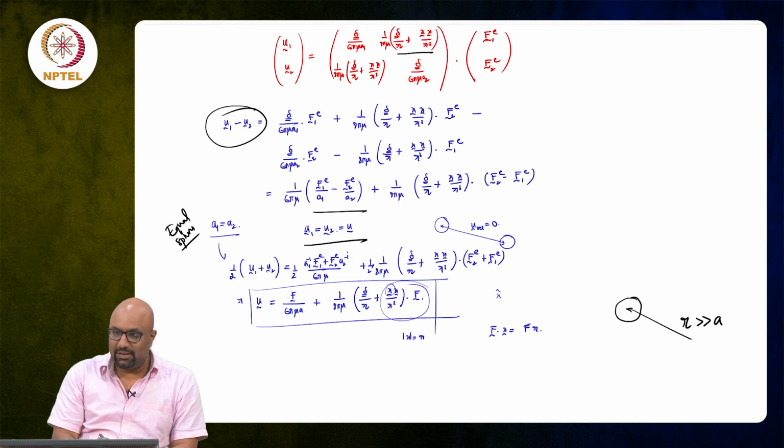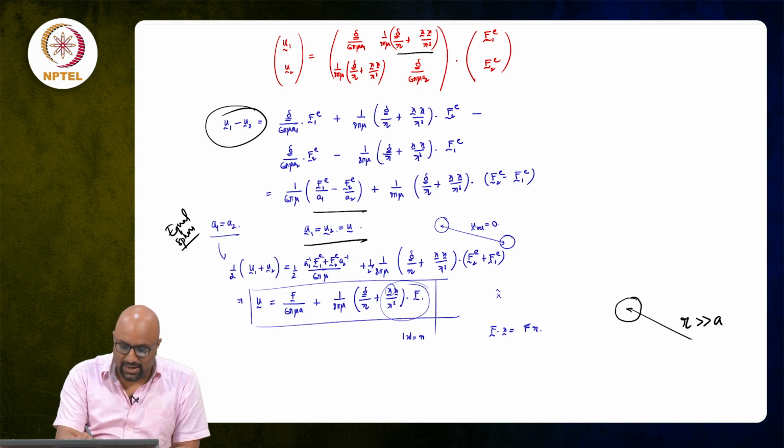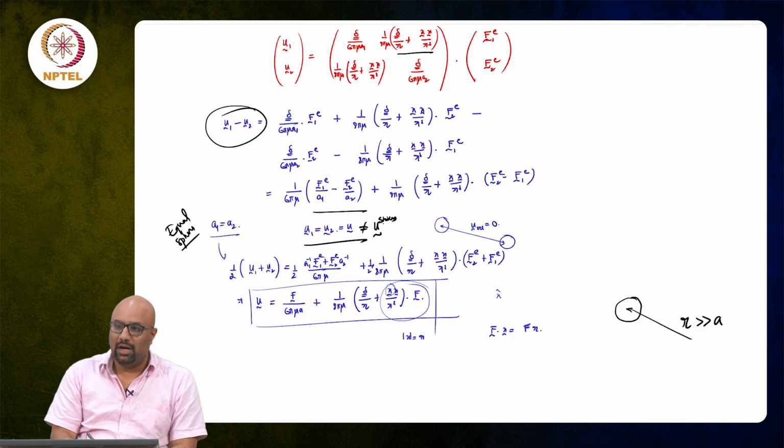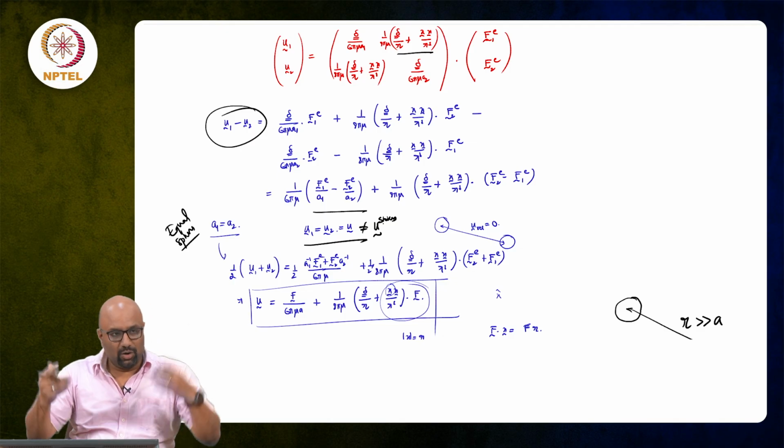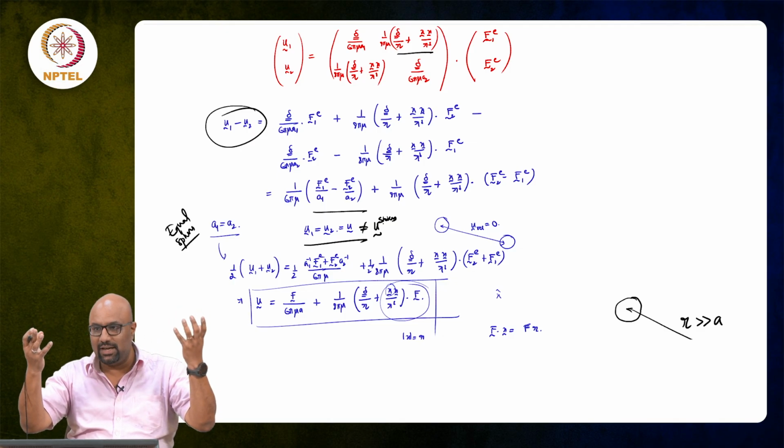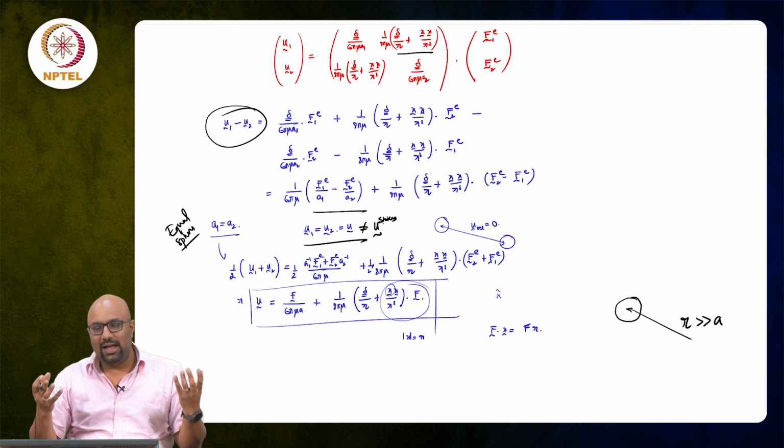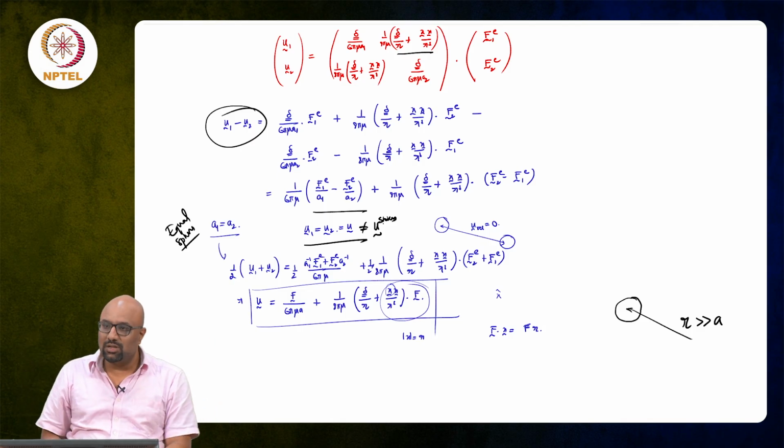They are translating with the same velocity, but that is not necessarily equal to the Stokes terminal velocity. It will not be. They are going to move with the same velocity, but that velocity is not the Stokes terminal velocity. That is an important point. This is going to be the Stokes terminal velocity only when you are infinitely far apart.